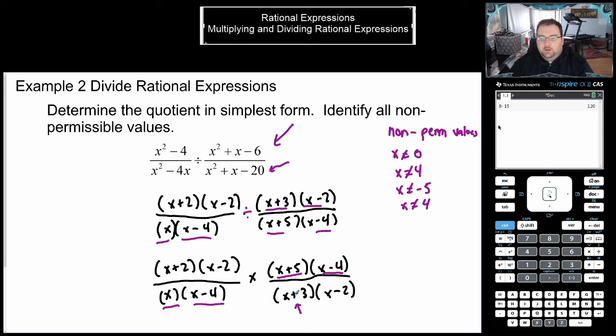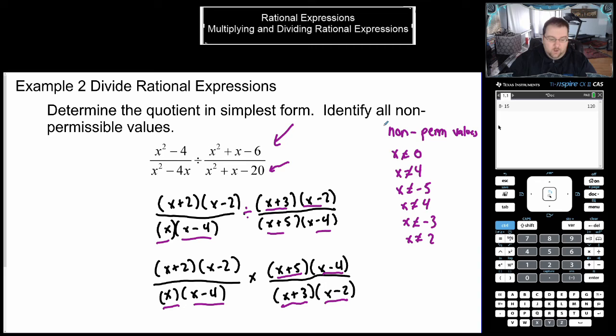No. If this parentheses is equal to 0, then you're going to end up with 0 times 0 times 0 times 0 in the end, right? And can you divide your final thing by 0? No. So that means that this is also a non-permissible value, and so is this. So we also have x cannot equal negative 3, and x cannot equal 2.